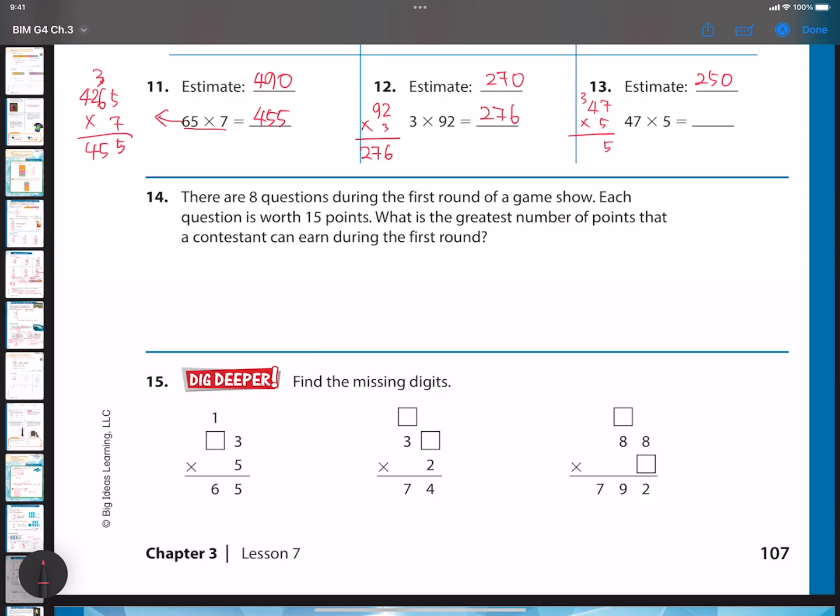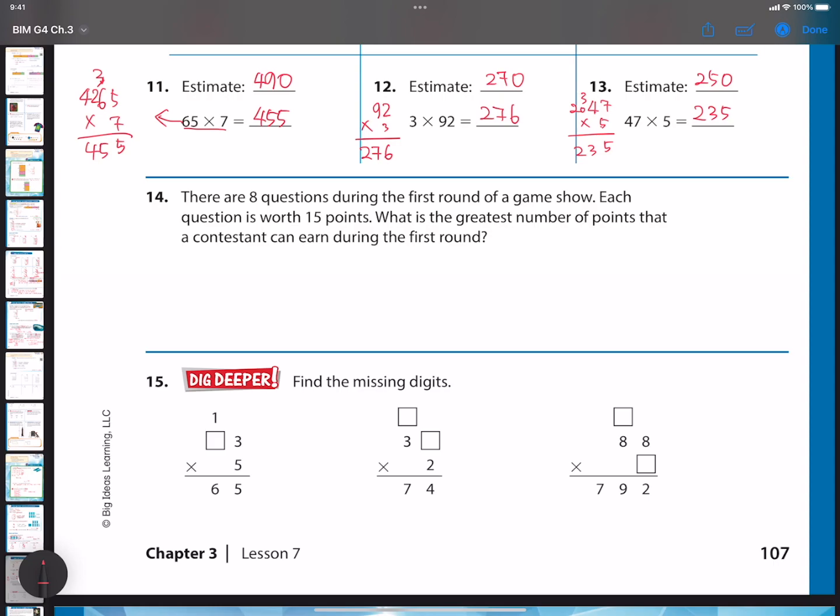Carry 3 up. And 5 times 4 is 20. So when you add them together, 23 tens, which means 235. That's our product. Since our product and our estimation are close enough, our answer is reasonable. All right, so let's move on.